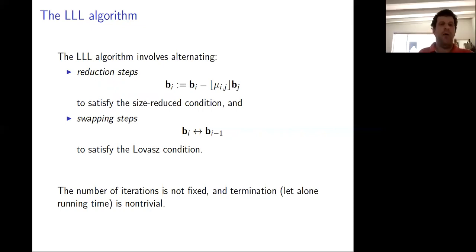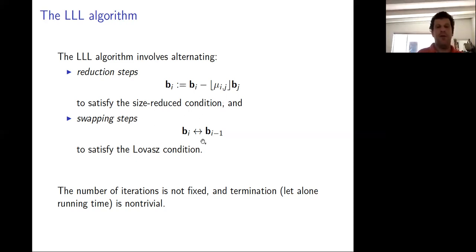So the LLL algorithm really just involves two steps, but you have to alternate them in kind of a complicated way. So one step would be doing a step of the Gram-Schmidt algorithm, except that you can't actually use Gram-Schmidt because we're working in the integers. So we round off the coefficients and do essentially the best you can over the integers.